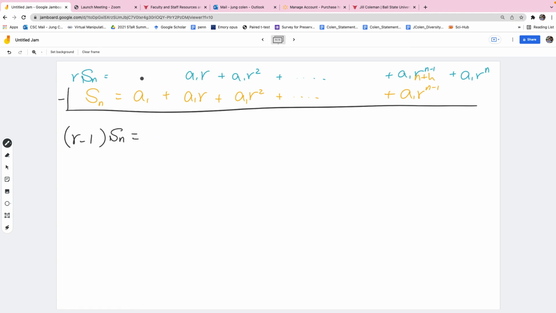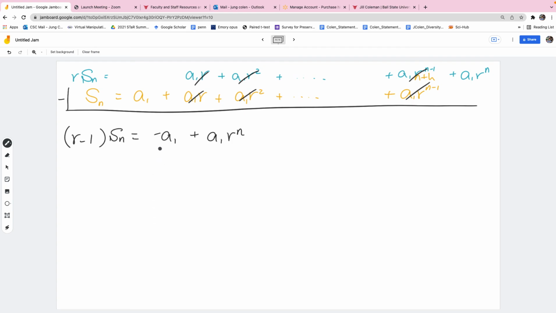And here 0 minus a sub 1, so I have negative a sub 1 there, and this will be cancelled, and I have plus a sub 1 times r to the n power.